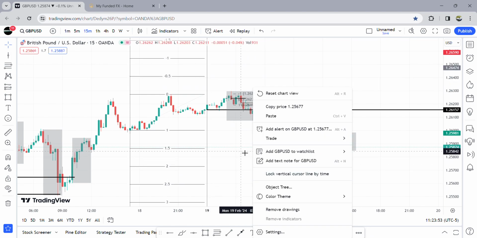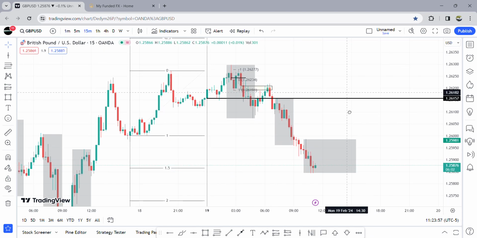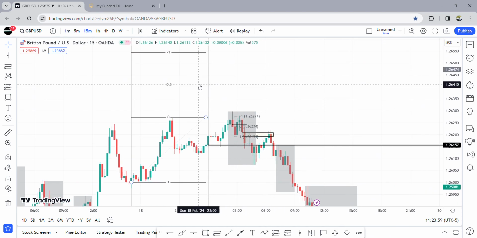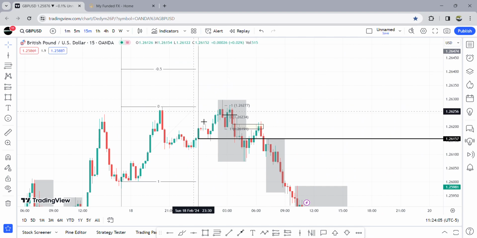All of these levels I'm looking at. I'm looking at the 0, 1, 0, negative 1, and negative 0.5. That's the three levels I'm looking at for reversals today. So it hits that level during the time, hits the level, creates a swing high, right?